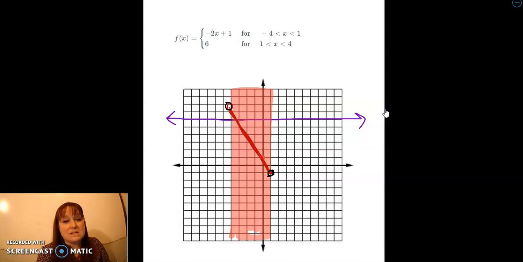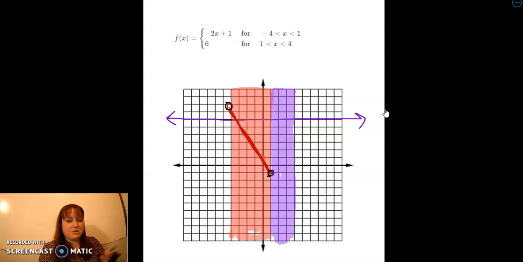Well, the second piece says I want 6, but only when x is in between 1 and 4. So starting at 1, I'm going to do this with my highlighter. From 1, 2, 3, 4. So right here, I want to see the purple function, okay?